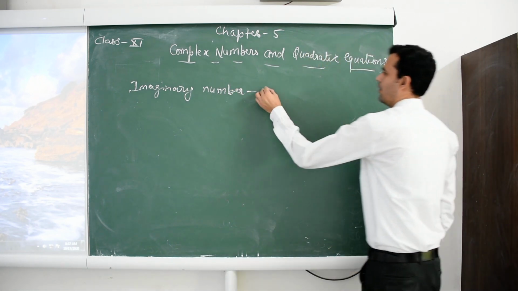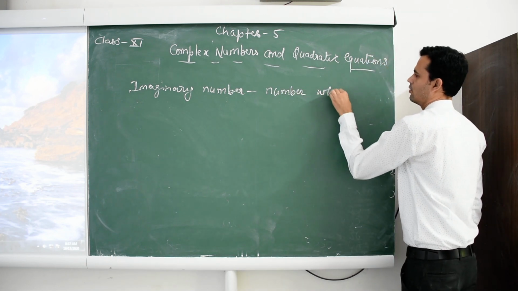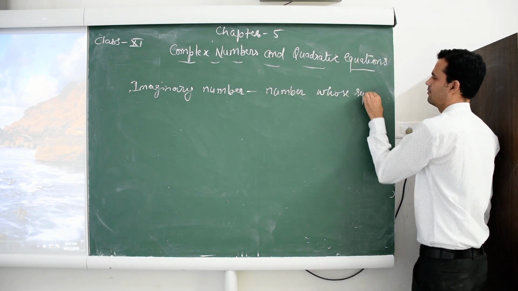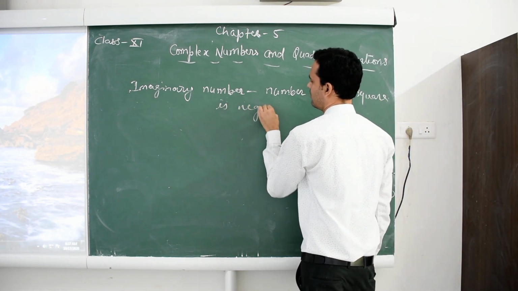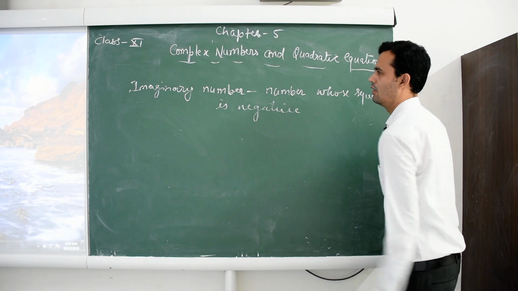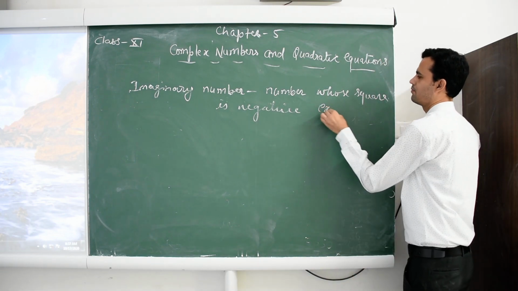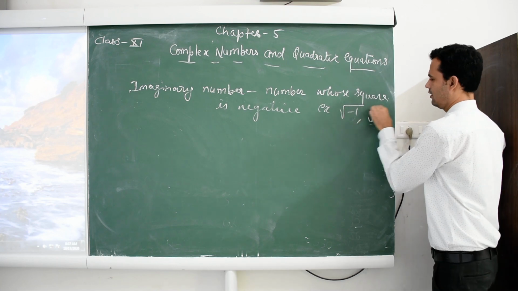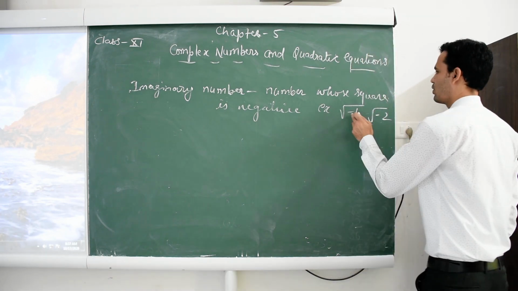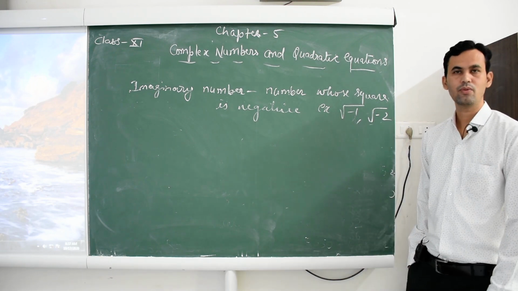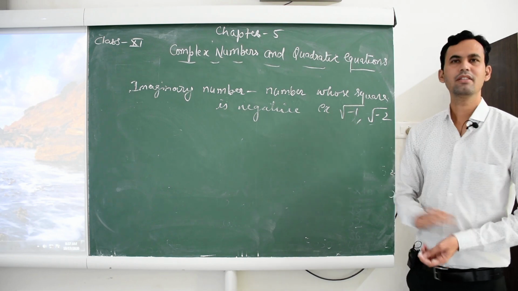A number whose square is negative is called an imaginary number. Examples: root -1, root -2, and so on. If we square it, we get a negative number. So numbers whose square is negative are called imaginary numbers.